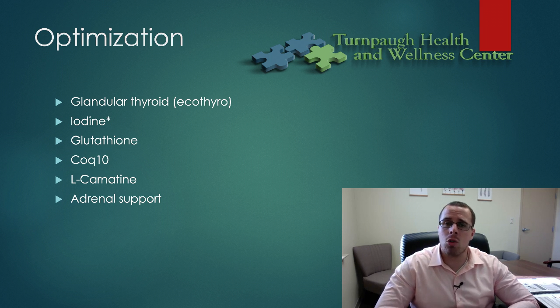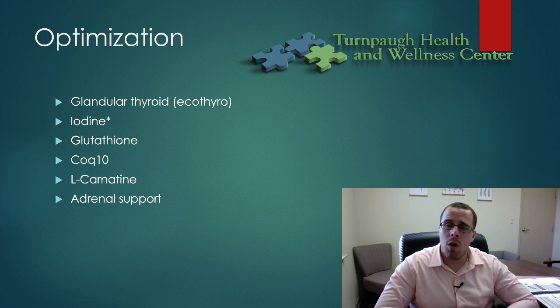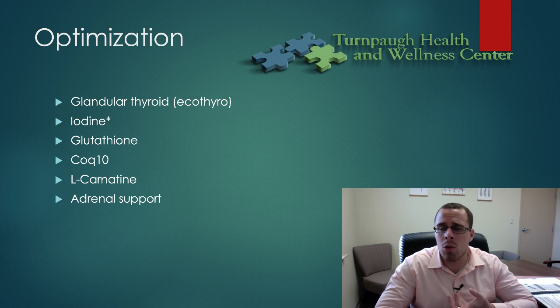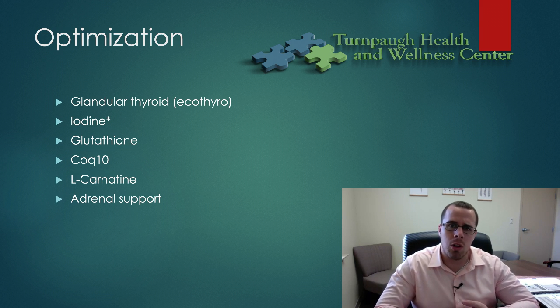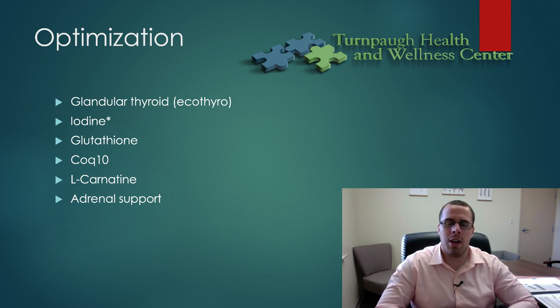And then we want to make sure that the adrenals are working well. If not, giving some adrenal support, whether it be some pregnenolone, whether it be glycyrrhiza or licorice root to help increase the cortisol, or looking at other adaptogenic herbs, ashwagandha, rhodiola, ginseng, these other herbs that help to optimize the adrenal glands, which will enhance the thyroid.